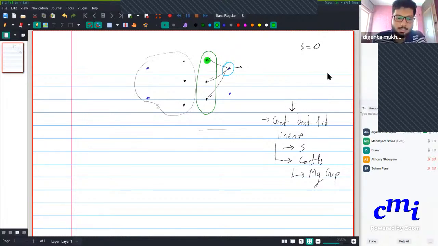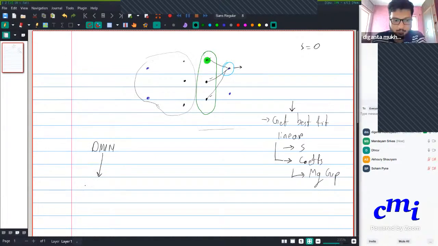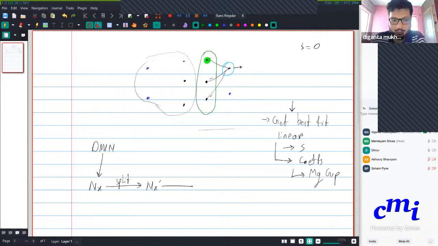So your uncertainty, there are a few steps, right? You have a DNN. Then you go from that to an NX model, right? Then you do the split. So you've got NX prime now, let's say, and then you are going back to a DNN prime, right?